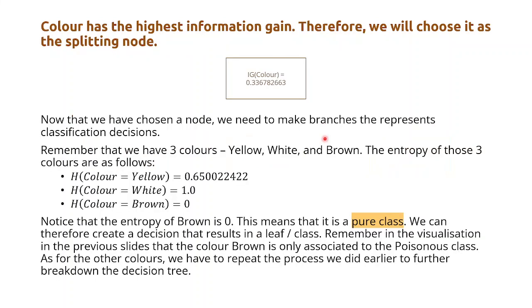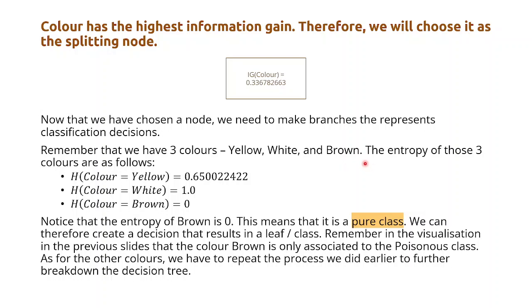So now that we have chosen a node, we need to make branches that represent the classification decisions. Remember, we have three colors: yellow, white, and brown.